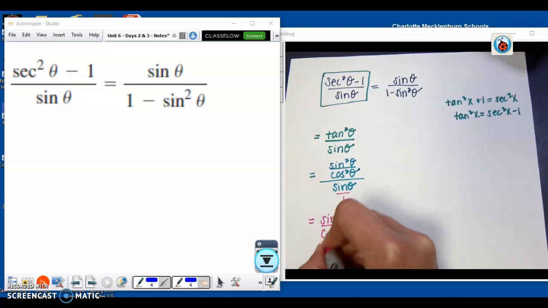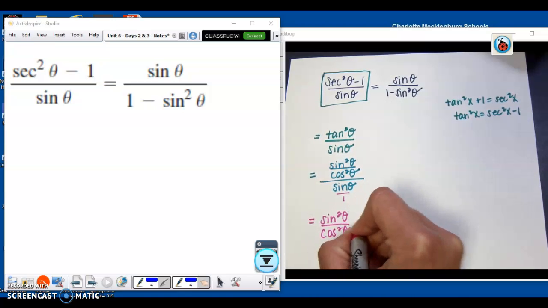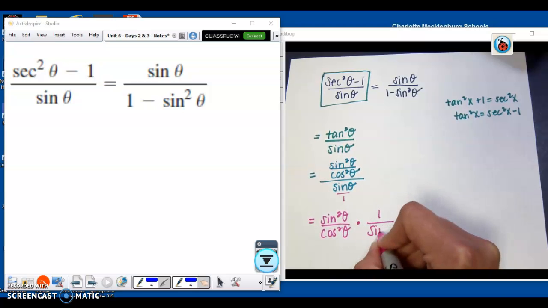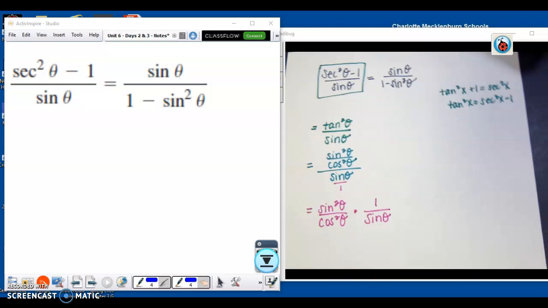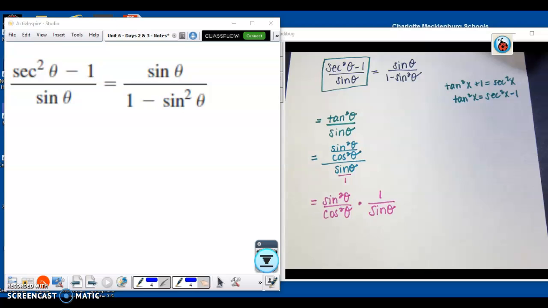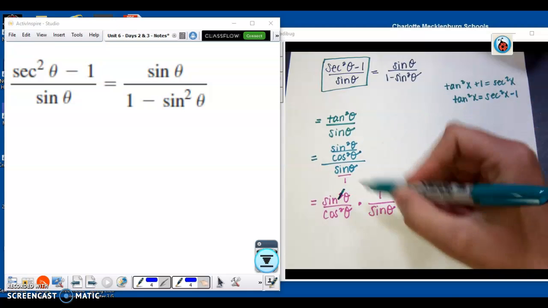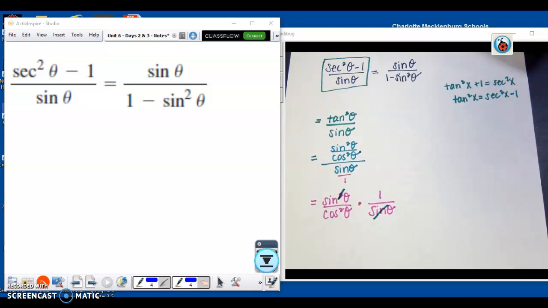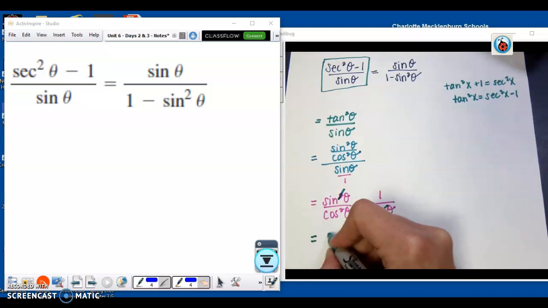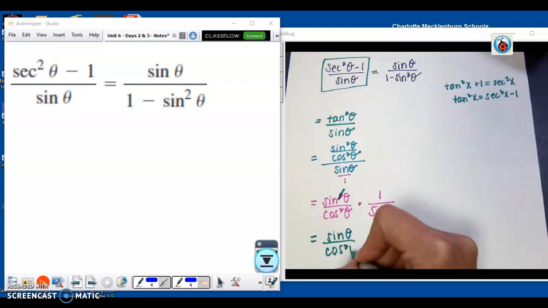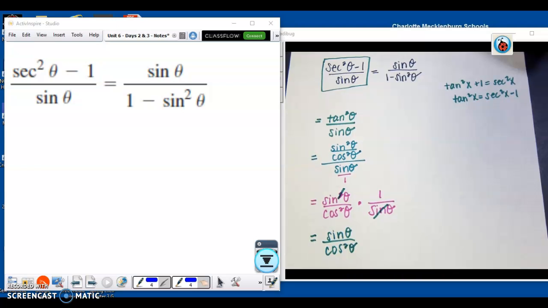So same, change it to multiplication and flip it. Okay, so since I have the sine squared theta in the numerator and the sine theta in the denominator, I can cancel out the squared and just cancel out the sine. So I'm left with sine theta over cosine squared theta.